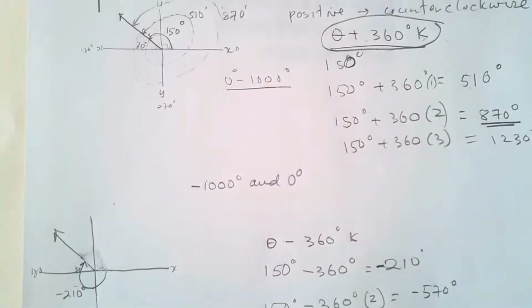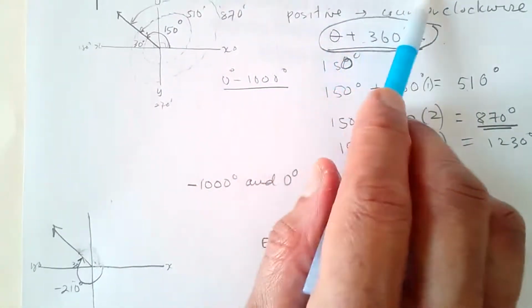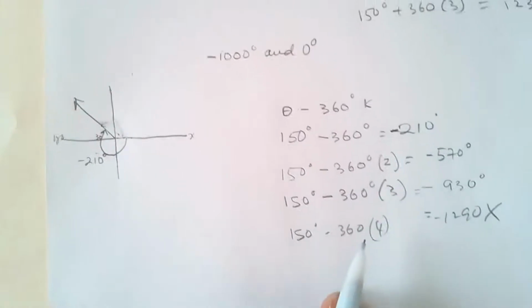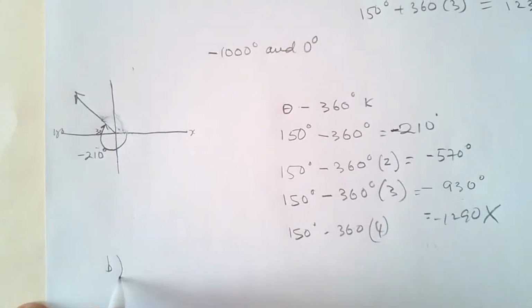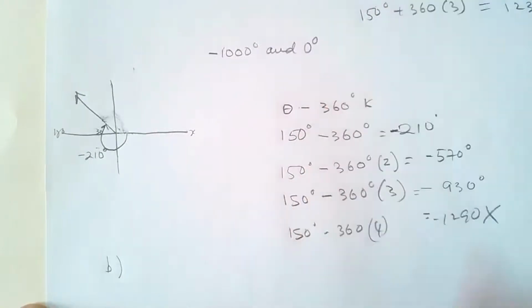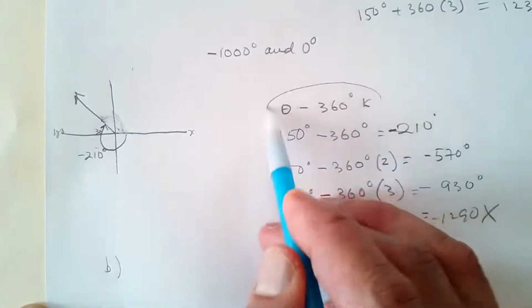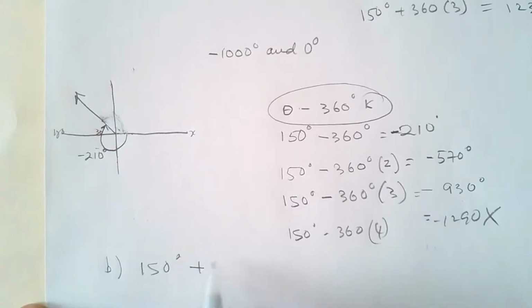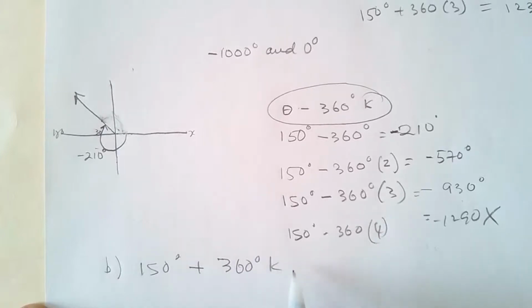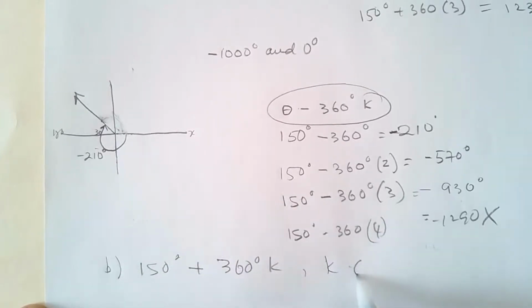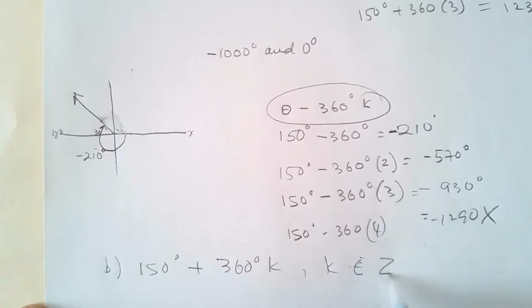The last part is to write an expression for the measure of all angles that are coterminal. So for B, it would be 150 degrees plus 360 degrees times k, where k is a set of integers.